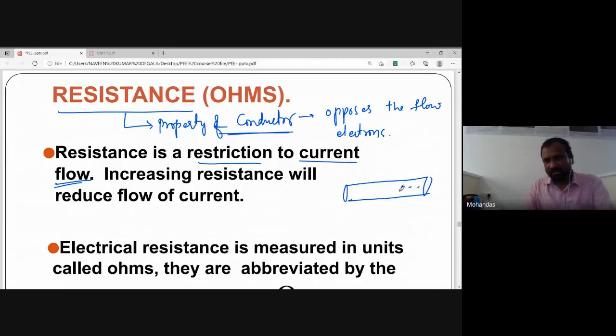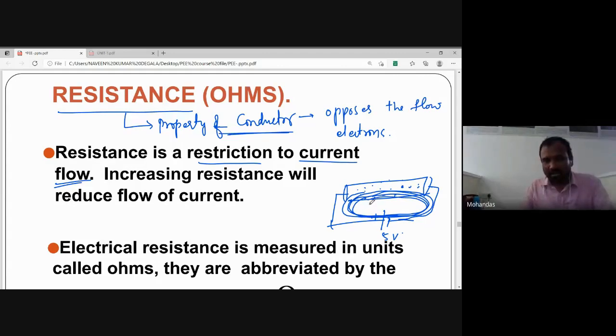Likewise, if you take a copper conductor, there are so many electrons, and if you apply a 5 volts battery with the help of wires, then these electrons move in a loop.